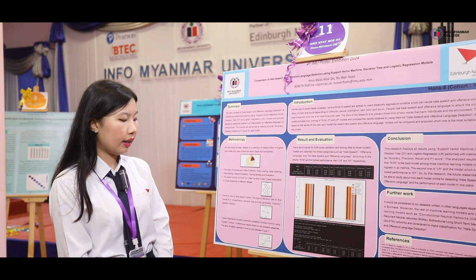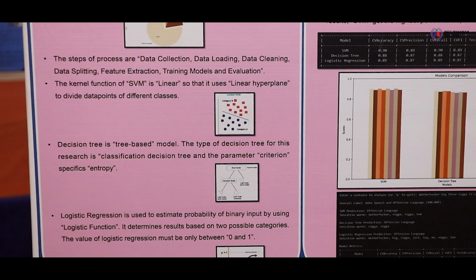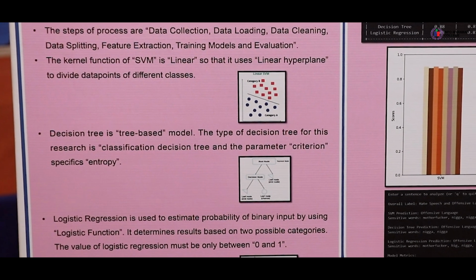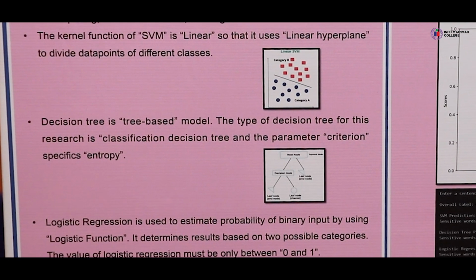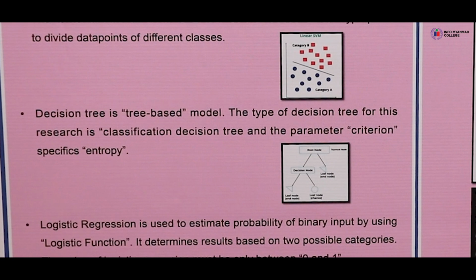For the second method, decision tree, it is a tree-based model. So it includes nodes and branches. Each node represents a single attribute, and each branch represents the output of the test.